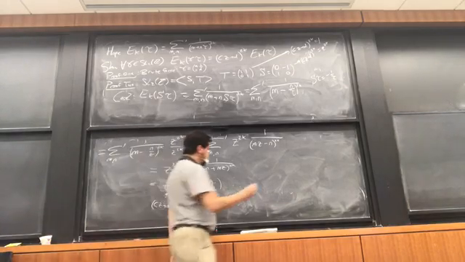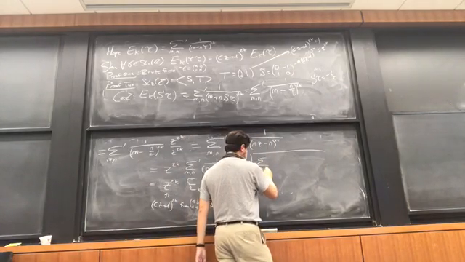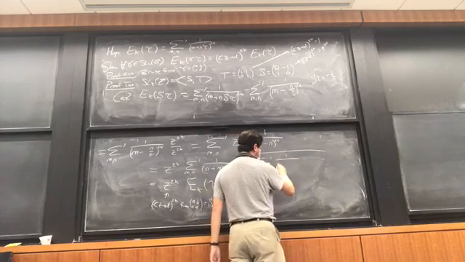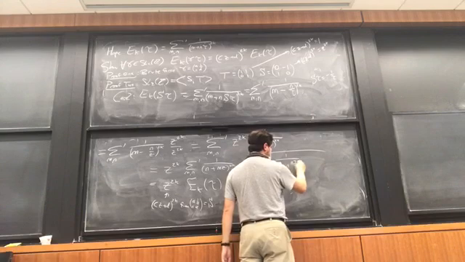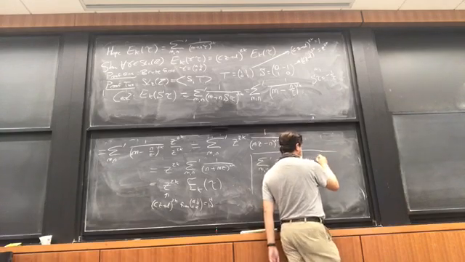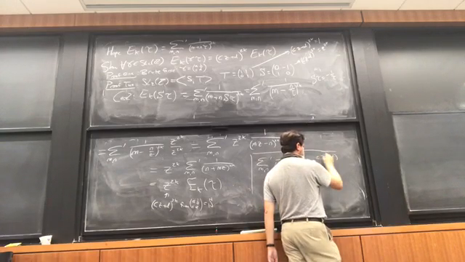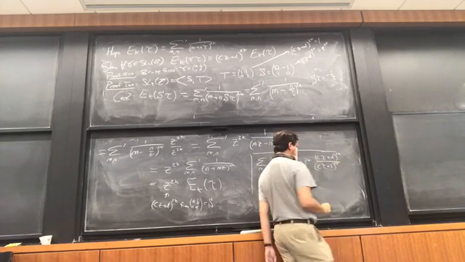So the more general calculation, the sum of mn prime 1 over m plus n times a tau plus b over c tau plus d to the 2k, you multiply by c tau plus d to the 2k over c tau plus d to the 2k.